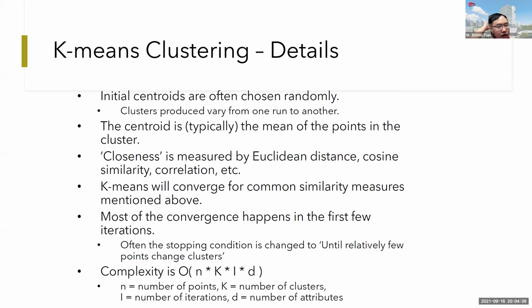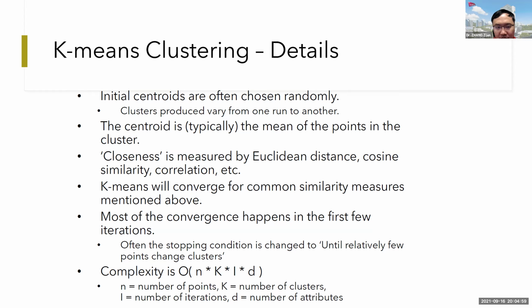But the way of randomly choosing the initial centroids could be quite different, and different selection of the initial centroids will subsequently affect the clustering results.